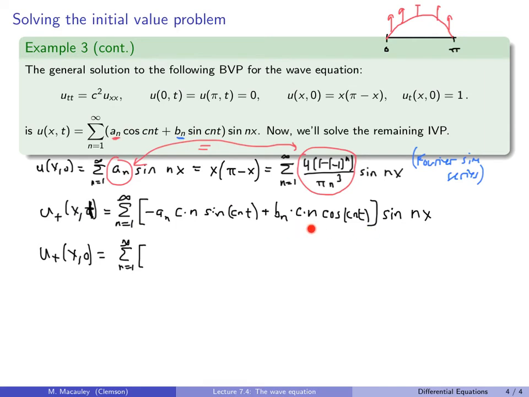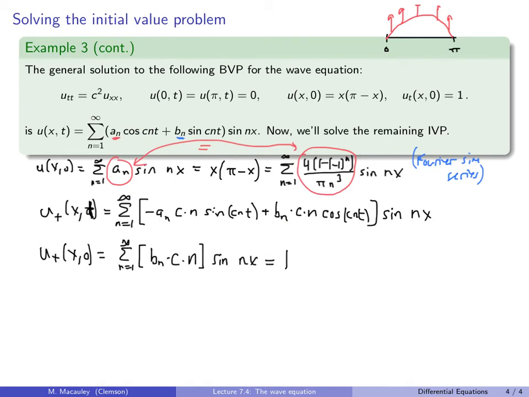This term sticks around, and this, of course, stays the same. So we get bn times c times n times cosine of 0, which is 1, times sine of nx. And we have to set that equal to 1.